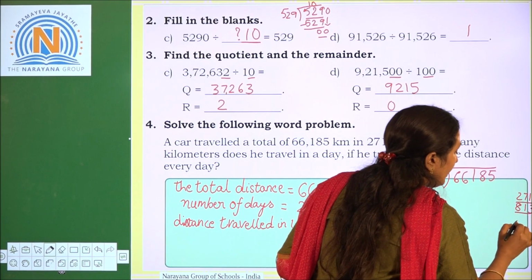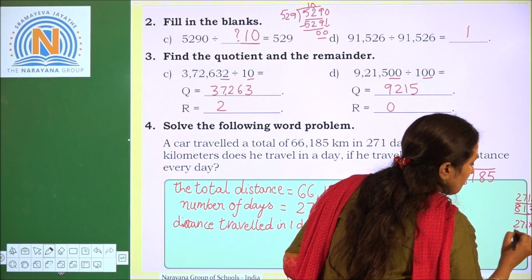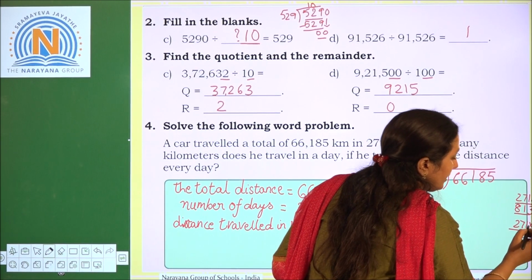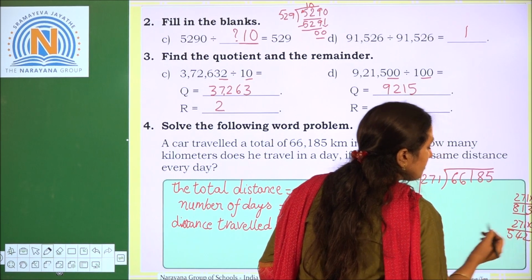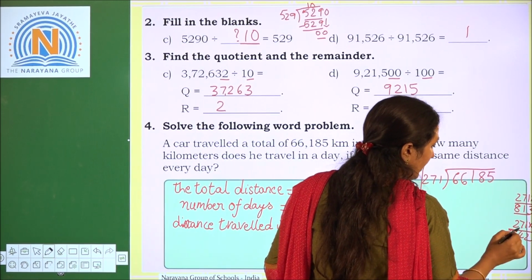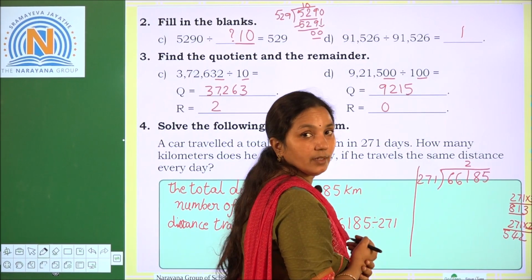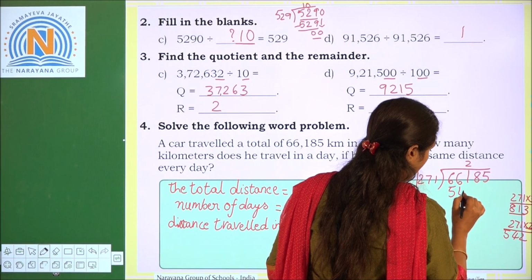So we have to take 2 times. 271 into 2: 2 ones are 2, 2 sevens are 14, and 2 twos are 4 plus 1, 5. So we have to take 2 times. We have to write it here. Okay children, 542. We have to subtract.